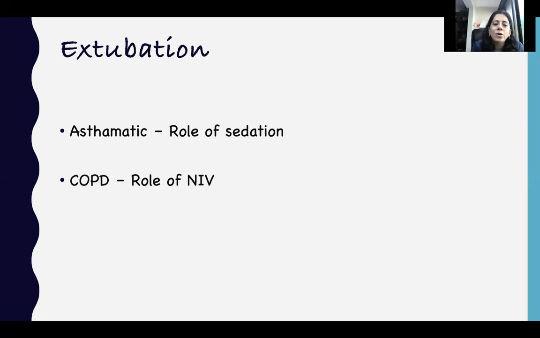Okay. And in COPD, there comes the role of NIV when we try to extubate these patients. In COPD, we try to extubate these patients onto a non-invasive ventilator rather than to oxygen or room air. The reason being, these patients have a chronic airway obstruction or chronic air trapping, which puts their respiratory muscles at a compromised position, especially the diaphragm, which is lower down.